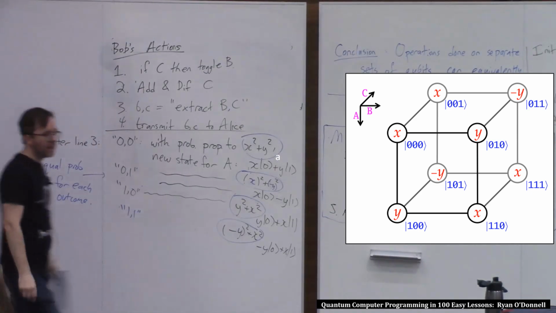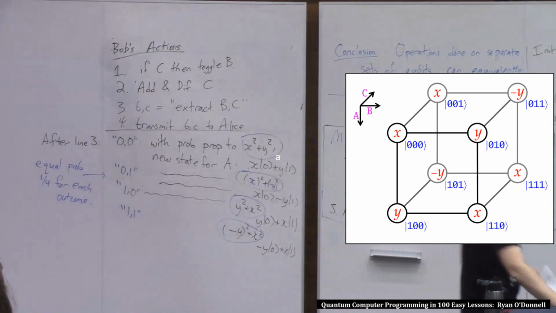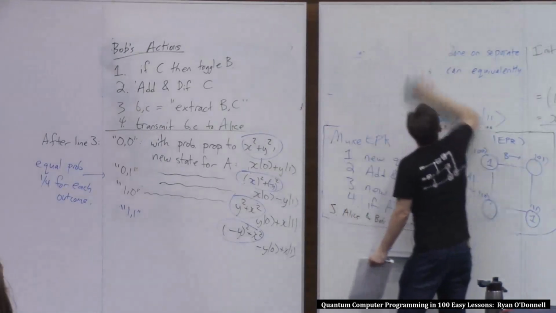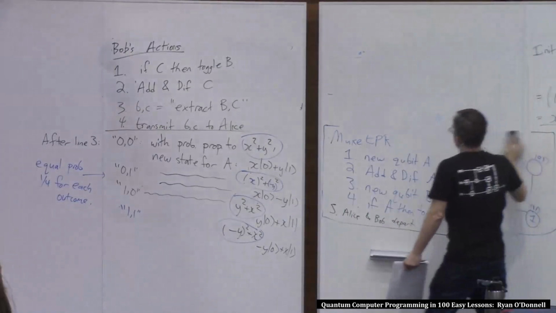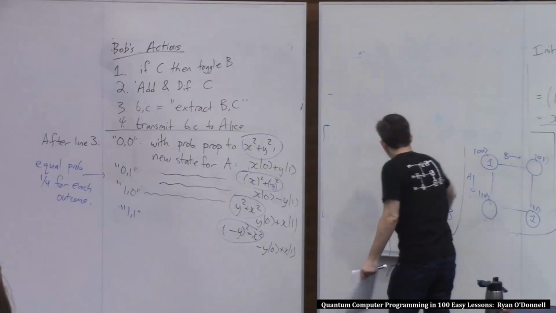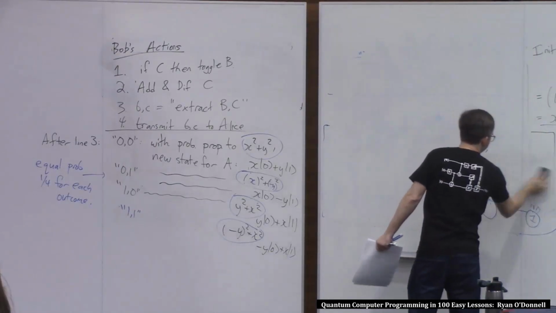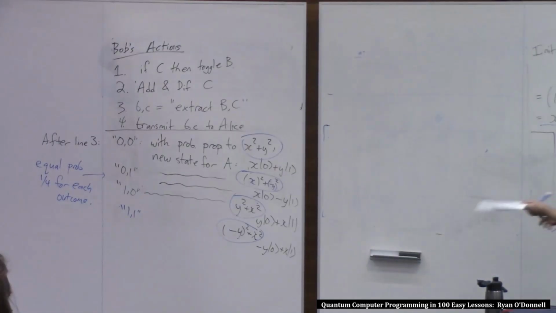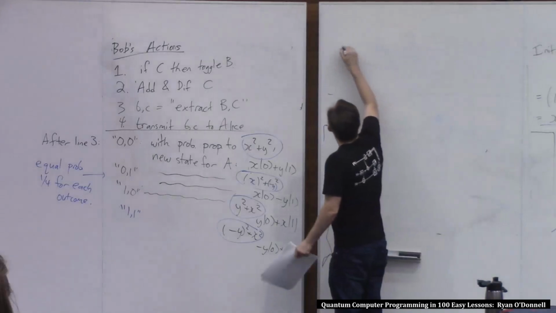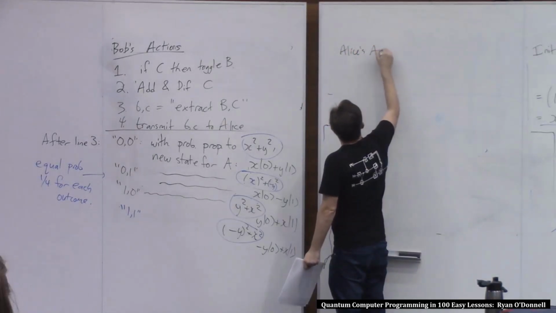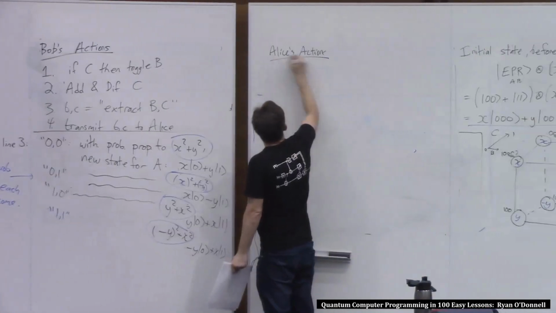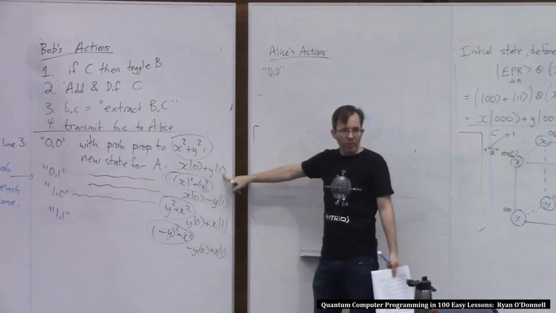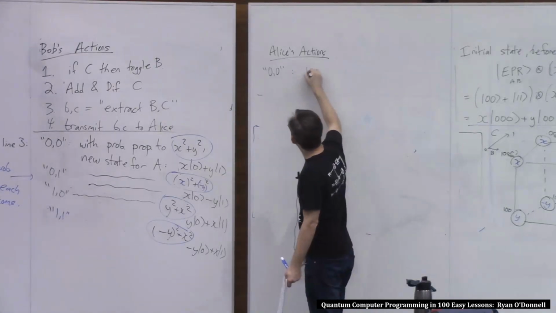Moreover, it's easy to know what to do for Alice. So finally, from Alice's point of view, when she gets Bob's text message down here in step 4, if she gets the message 0, 0, that's when she knows the state's already perfect. So she just does nothing.